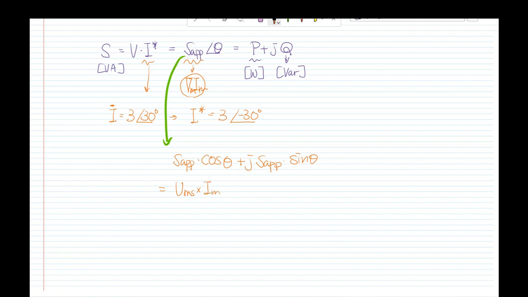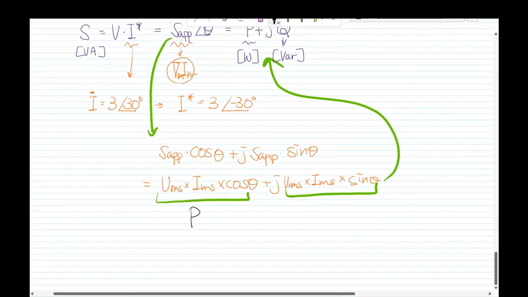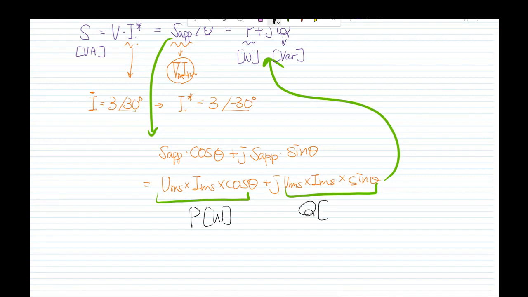I sub RMS multiplied by cosine theta plus j V sub RMS multiplied by I sub RMS multiplied by sine theta. Matching this back to the polar form, that was P, the active power, and that is Q, the reactive power.